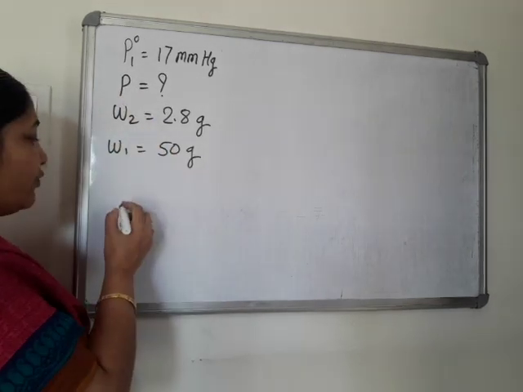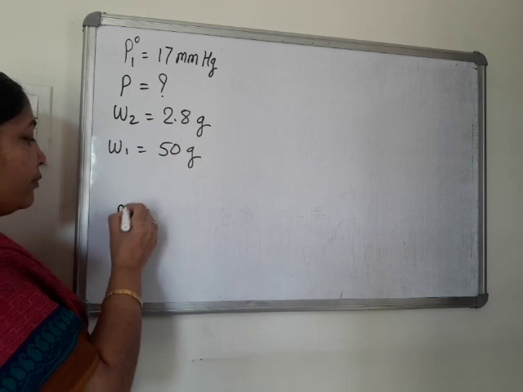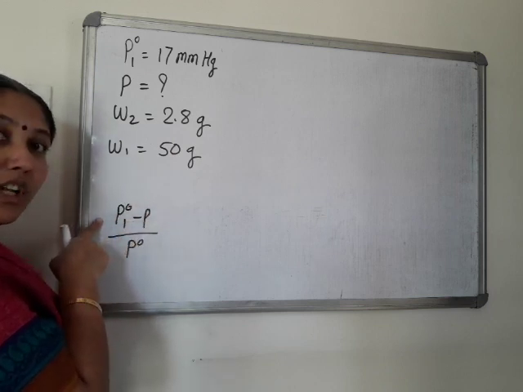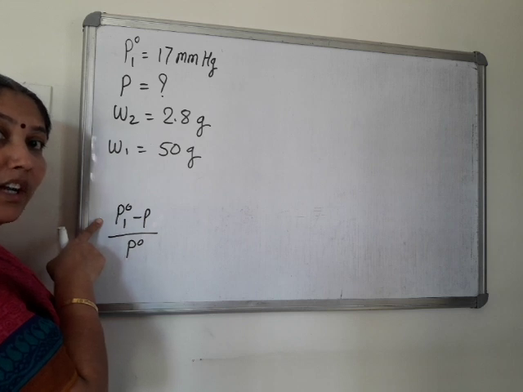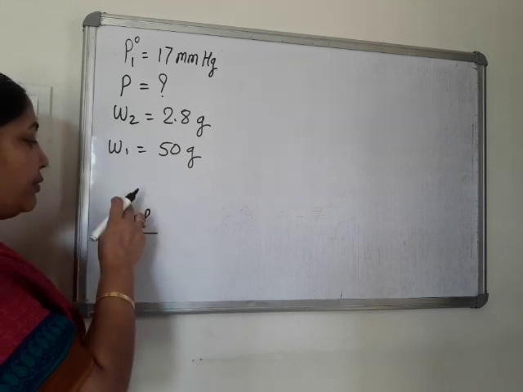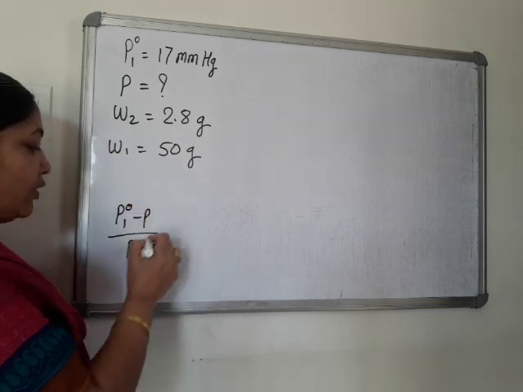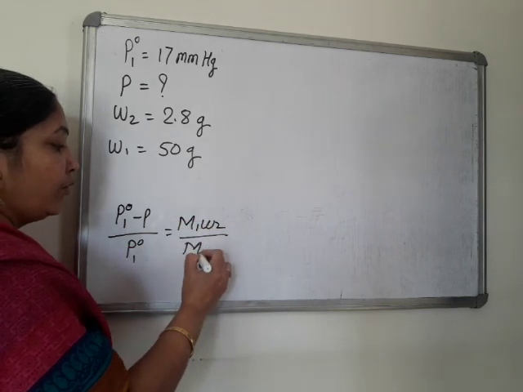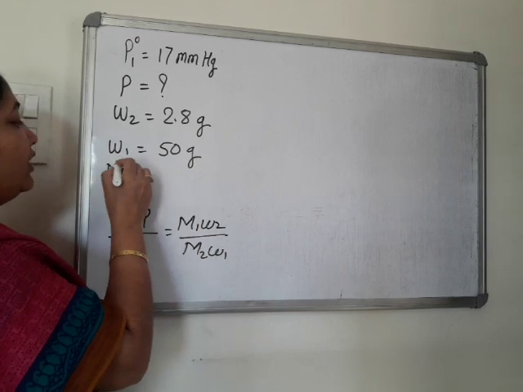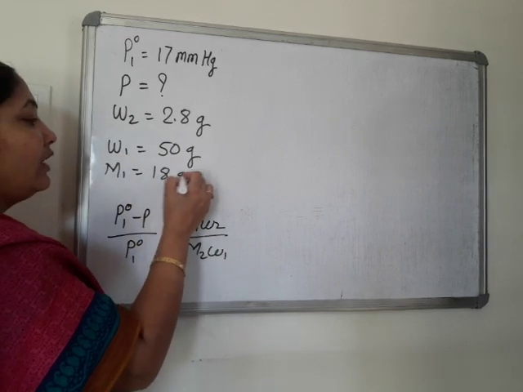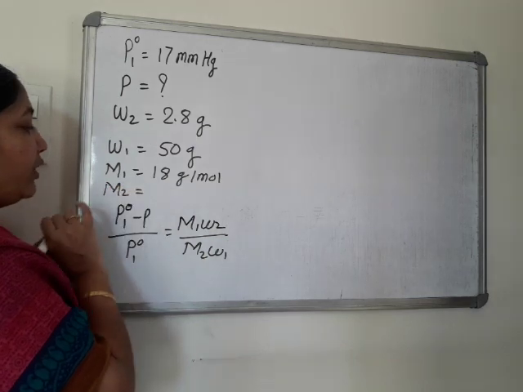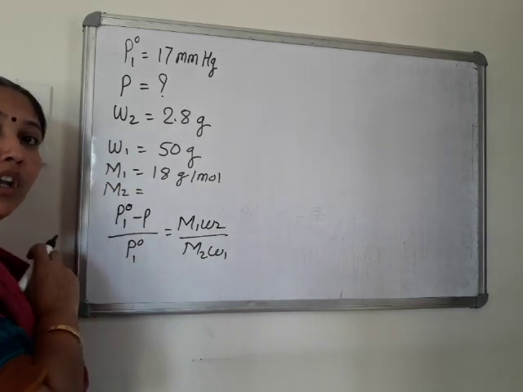So to calculate this, what is the formula we are having? P01 minus P is delta P. In the previous question I had taken delta P directly. And what is delta P? P01 minus P upon P01 is equal to M1W2 upon M2W1. What will be M1? It's water, so 18 gram per mole. And what will be M2? Urea. What's the formula of urea?